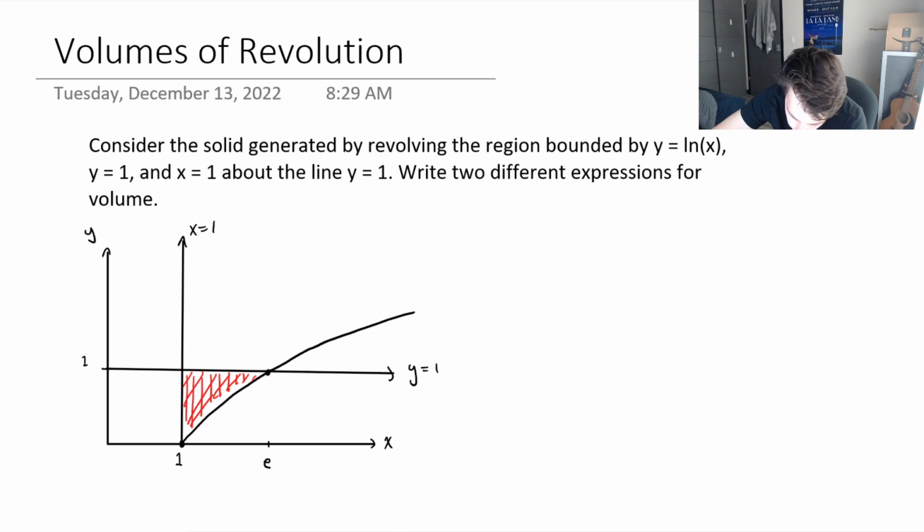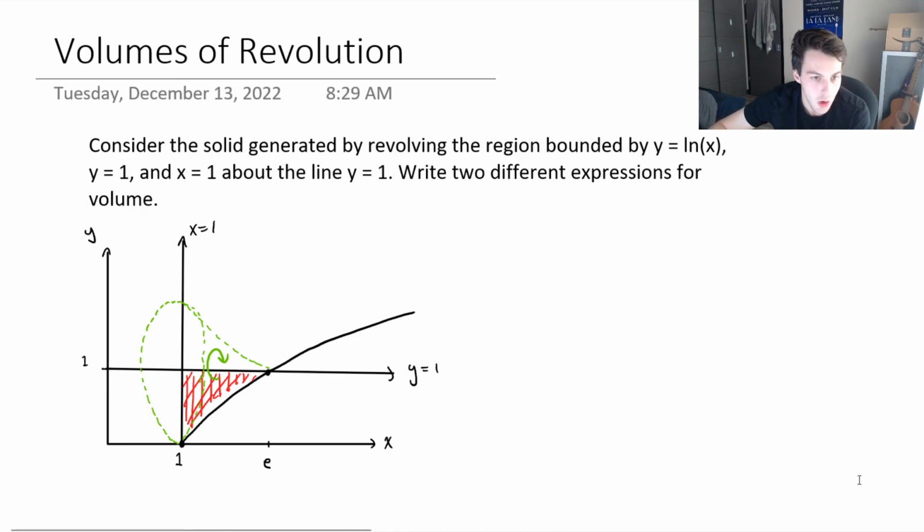We will revolve it around this line, and that is going to create this interesting shape, almost like a little Hershey's Kiss, or like a little party hat. I'm not going to do a detailed drawing because I'm sure there are some Khan Academy videos that can do a better job of visualizing this.